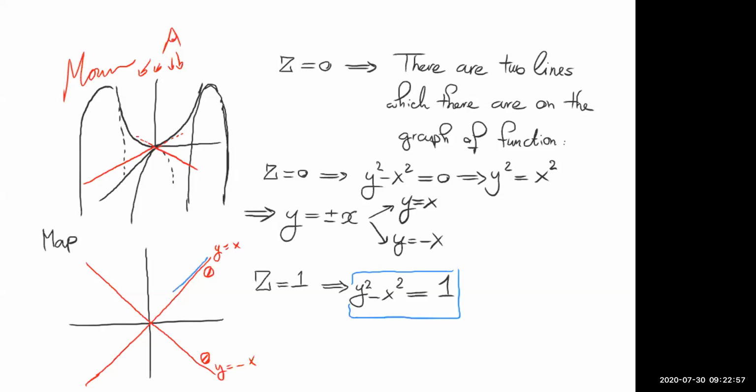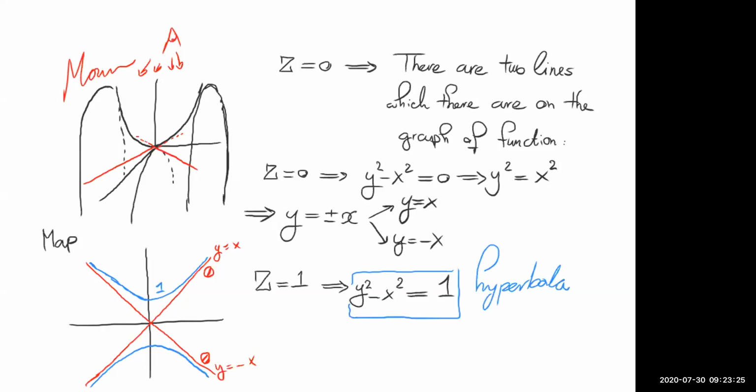This is a curve which comes here, then goes back up, and it has two connected components. It's a hyperbola, right? So this is called a hyperbola. And this is where the height is 1.